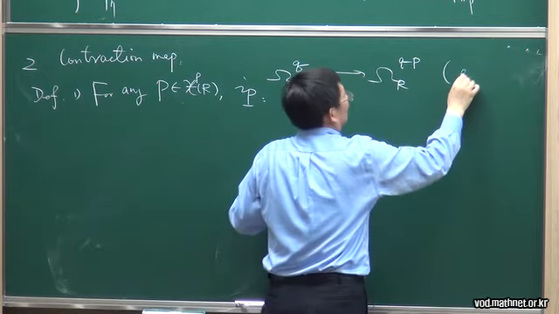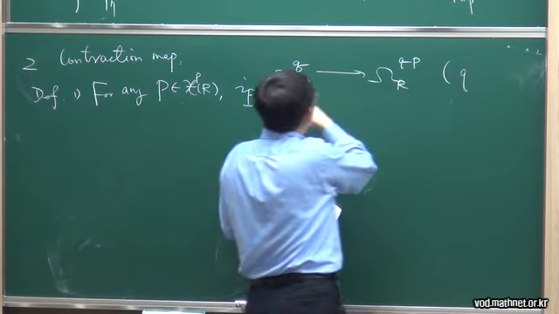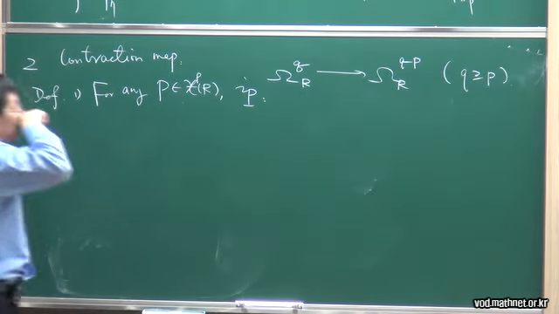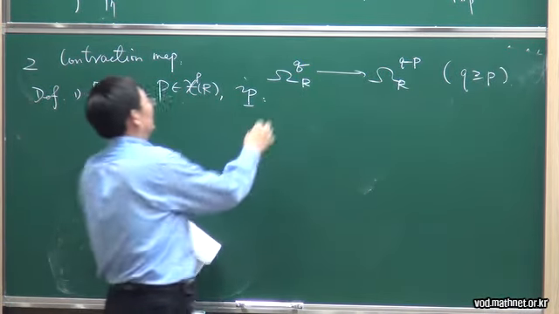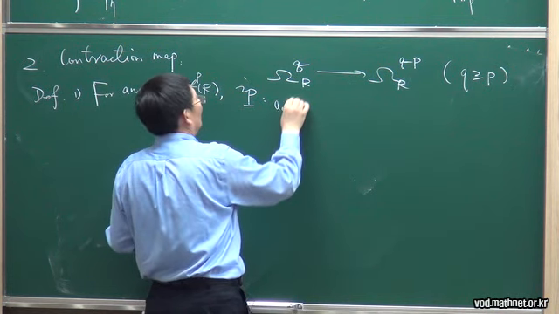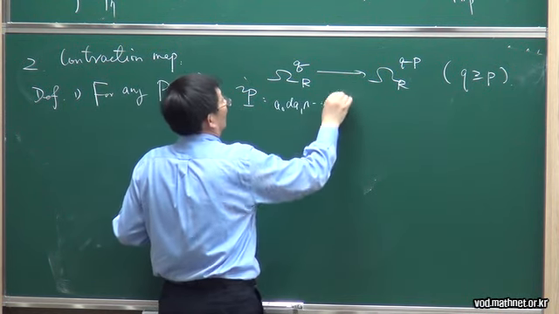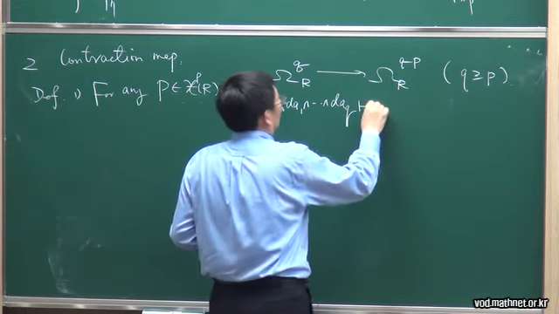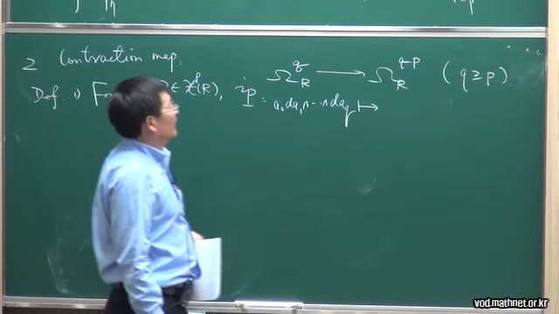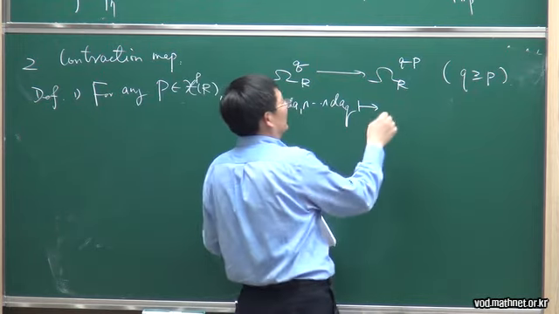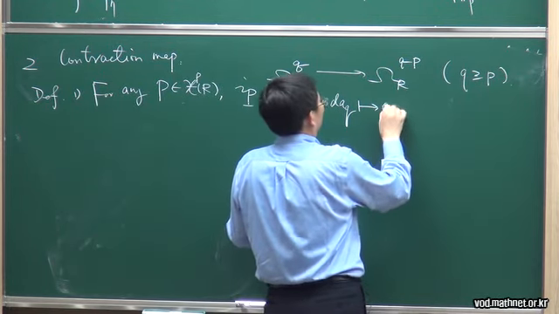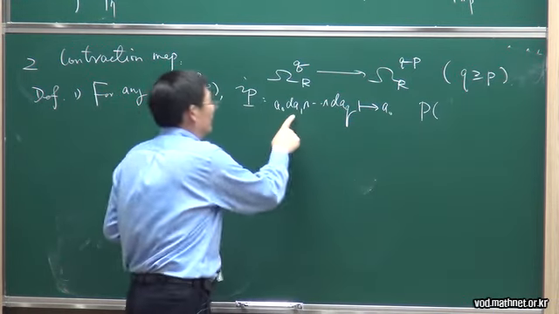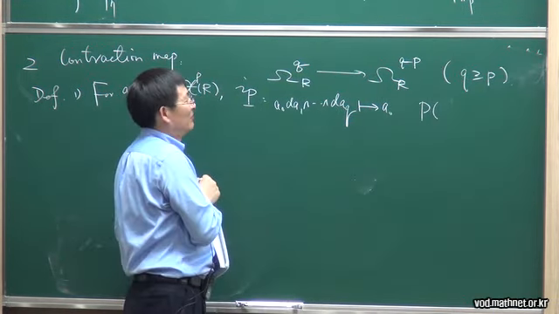If Q is less than P, then we just set this to 0, and we suppose Q is greater than or equal to P. And for any Q forms here, we can get a Q minus P forms like this, A0 here, and P acting on the first P elements.